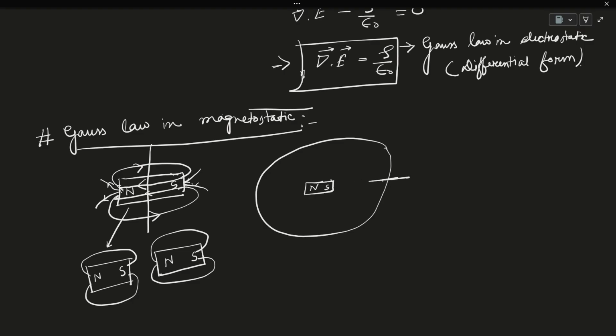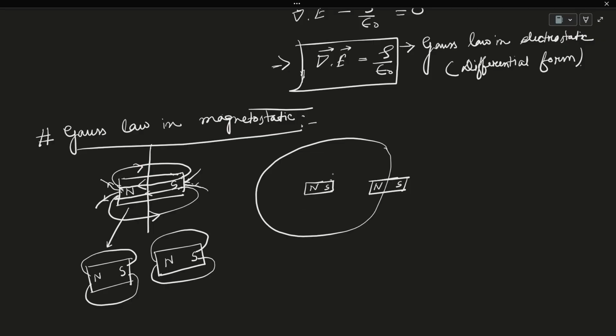Let's say this is north pole, this is south pole. Then for this case also, for any other case, the number of field lines going inside the surface will be equal to the number of field lines coming out of the surface, right?